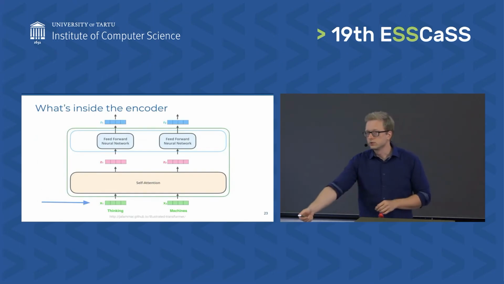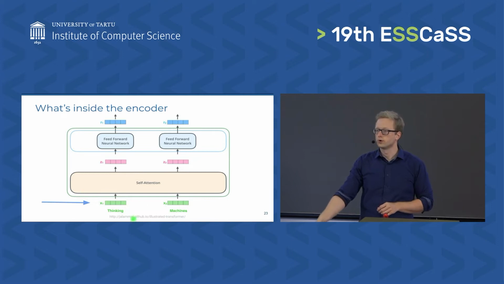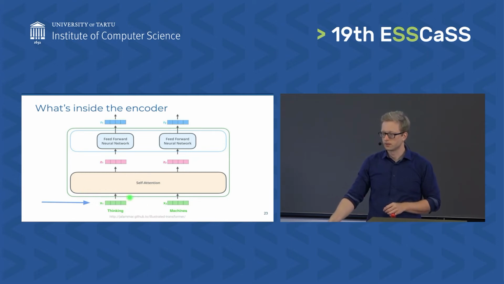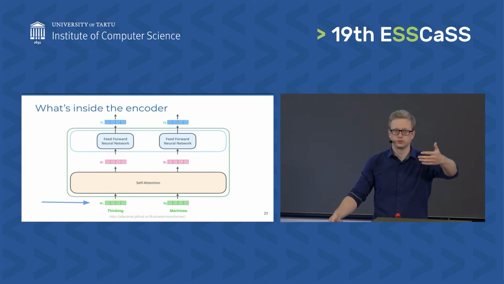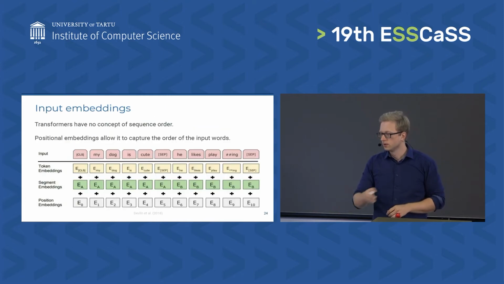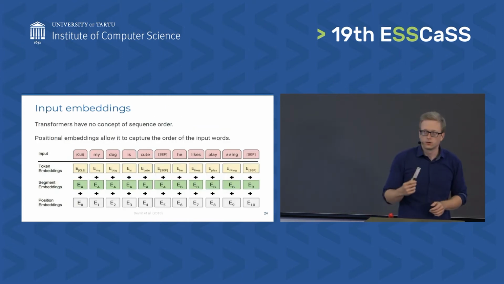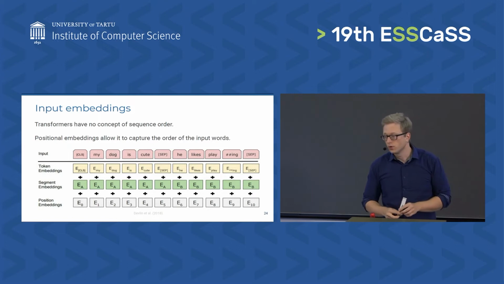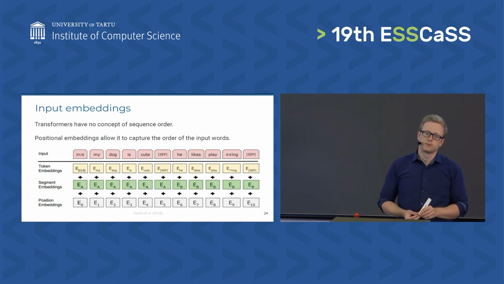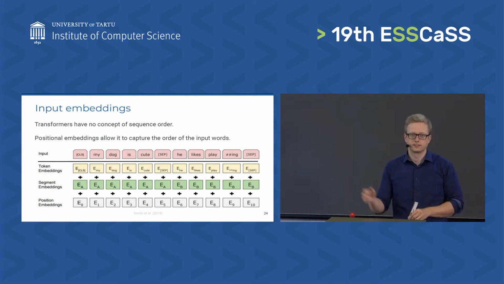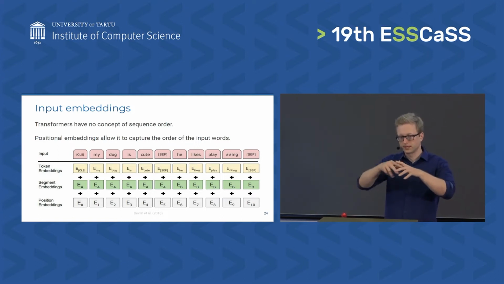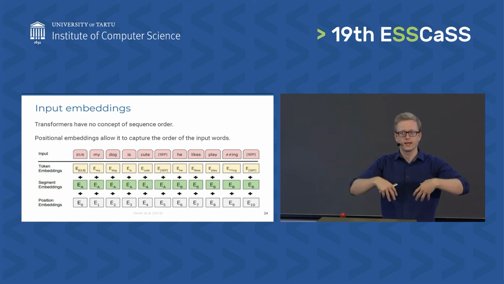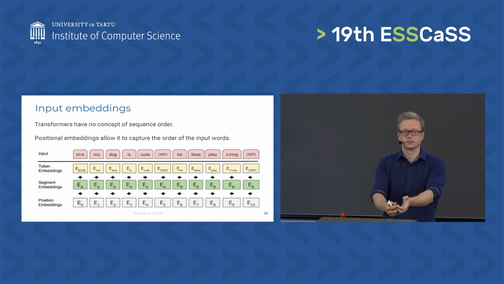So let's take a look at what's happening at the input before the words get to the transformer components. One interesting property of the transformer is that by itself, it doesn't have any sense of order, because everything is just one step away, everything is equal distance.